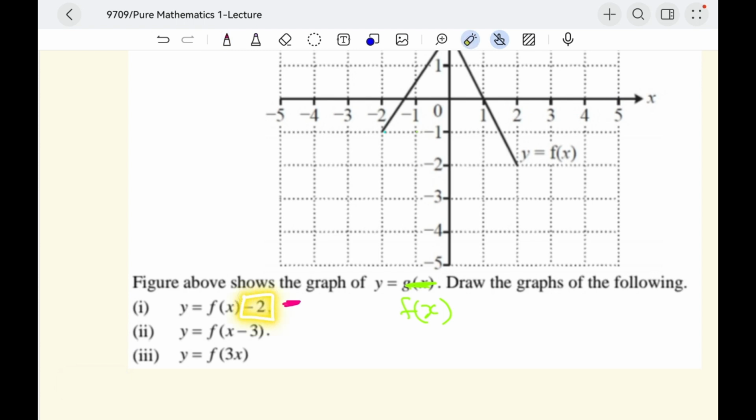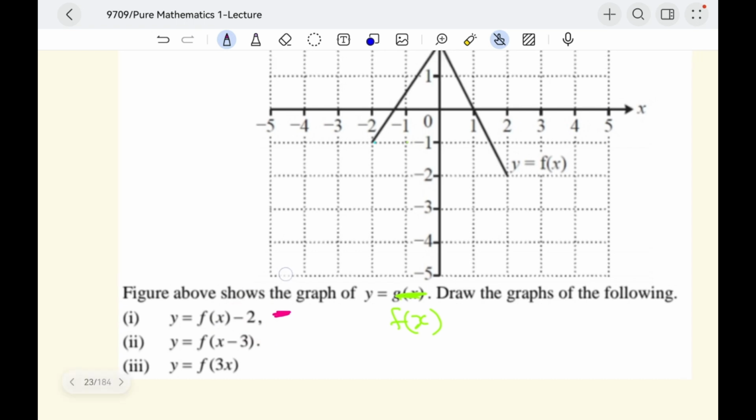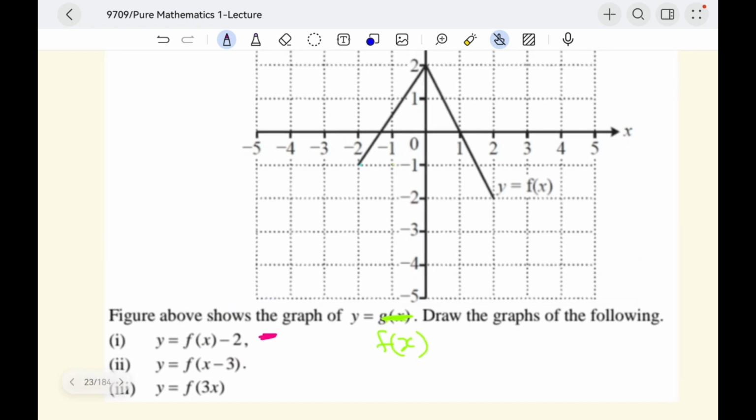What does minus 2 mean? It means the entire graph moves down by 2 units. So you must check your coordinates. Each coordinate that intersects the graph moves down by 2 units.